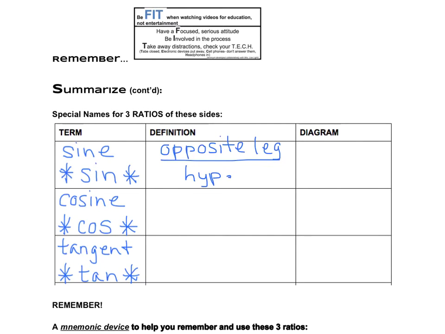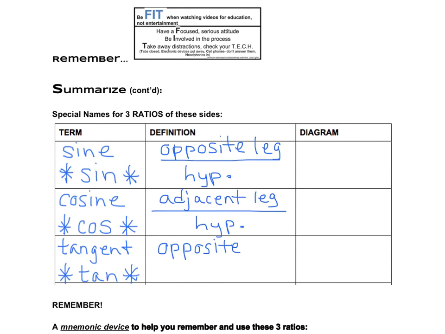The cosine is going to be the adjacent leg divided by the hypotenuse, because remember, every time we talk about a ratio, we're talking about a fraction, so we need a numerator and a denominator, and that's what we're looking at so far. Then the final ratio that we need is tangent, and that is going to be the opposite leg over the adjacent leg.